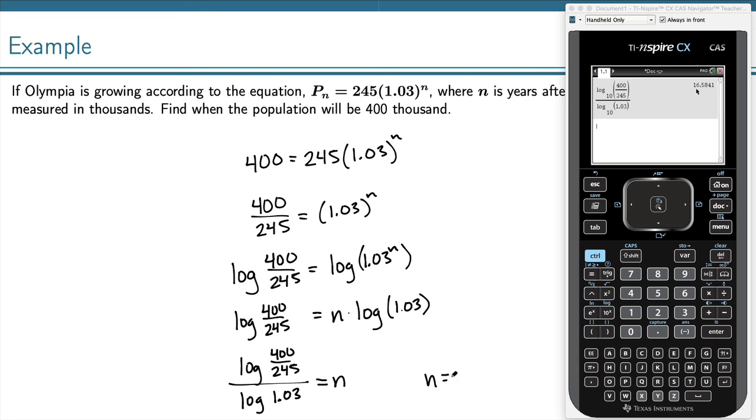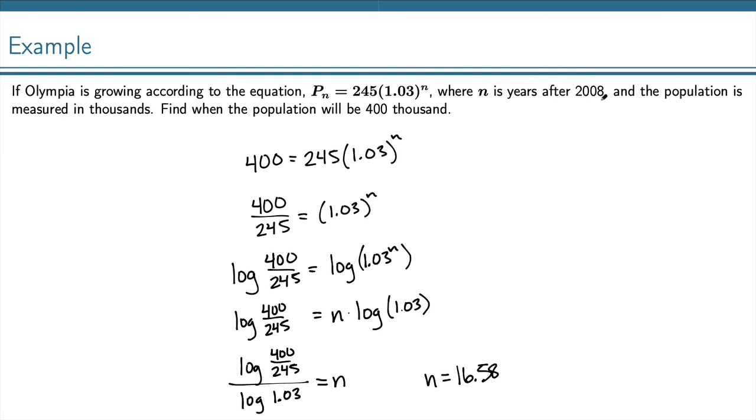So n is equal to 16.58, and this is years after 2008. So if I take that and add it to 2008, we get about the year 2024, somewhere in the middle of the year 2024.